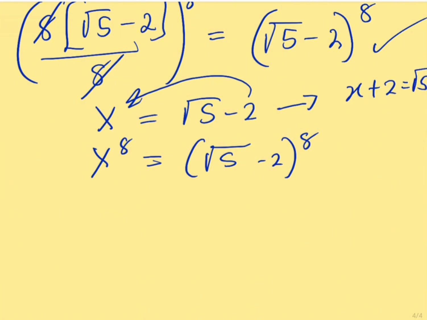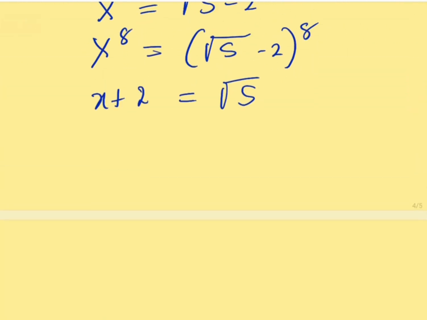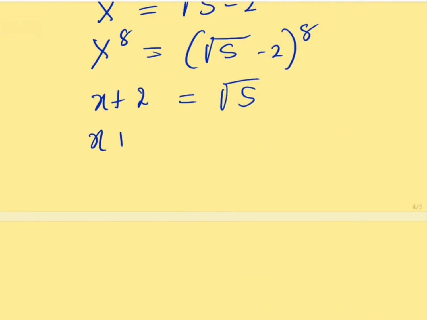Okay. So now, since we've known that x plus 2 is equal to square root of 5, let us square both sides to kill the square root in 5. Okay, so we can now have x plus 2 all squared is equal to square root of 5 squared. This cancels out.